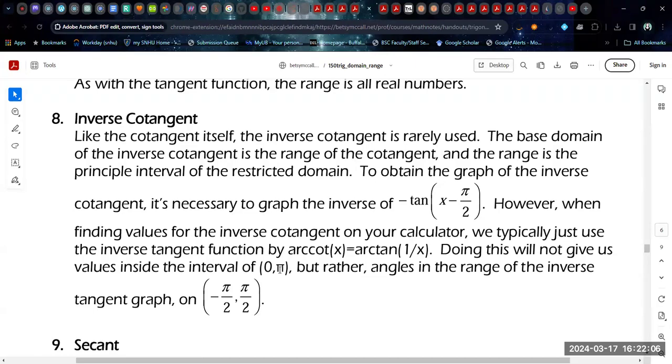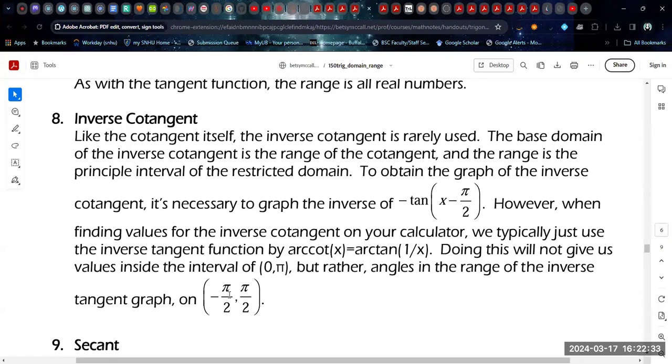However, if you're going to plot this on a calculator, there is no inverse cotangent function on a typical calculator. So you would plot this as arctangent of 1 over x, and that will not give you values in the interval of 0 to pi. It'll give you values on the arctangent range, which is not exactly right.